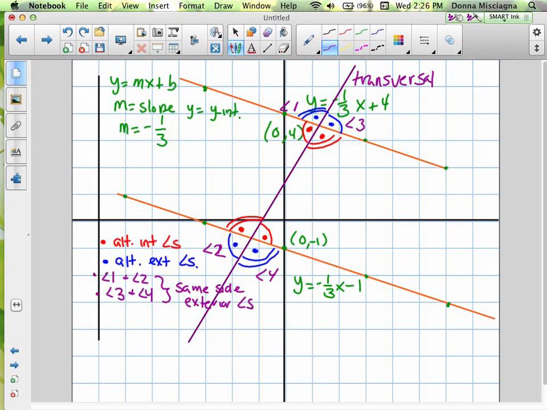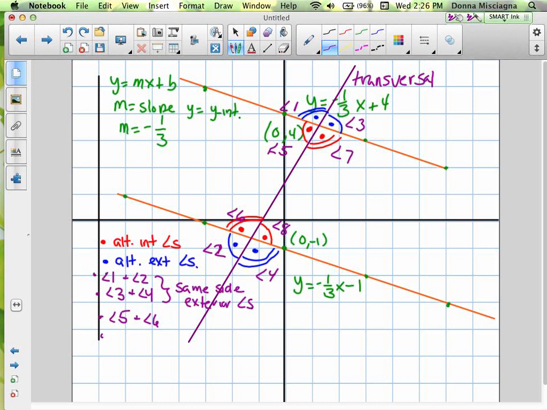And then let's label this angle 5 and angle 6. And then we have another pair, angle 7 and angle 8. So the same side interior and same side exterior, they're either outside the lines, or inside the pairs of lines.